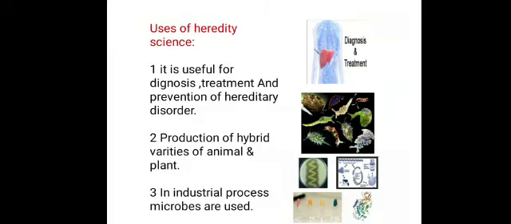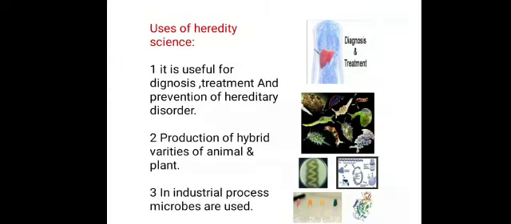If you remember, in the 9th standard we learned monogenic disorder, polygenic disorder, chromosomal disorder. That means in the human body 23 pairs of chromosomes are present. If the number in any pair increases or decreases, it gives rise to different types of disorders. So this genetic disorder happens due to mutation.